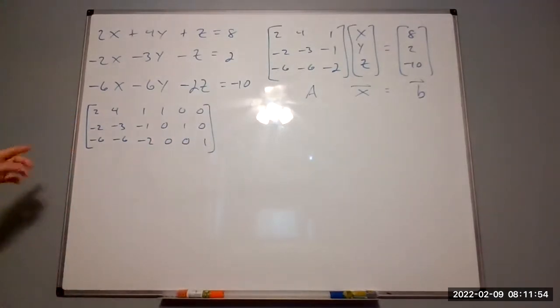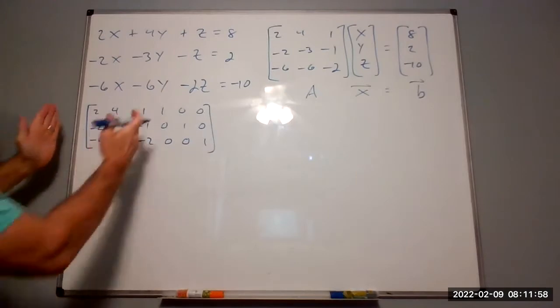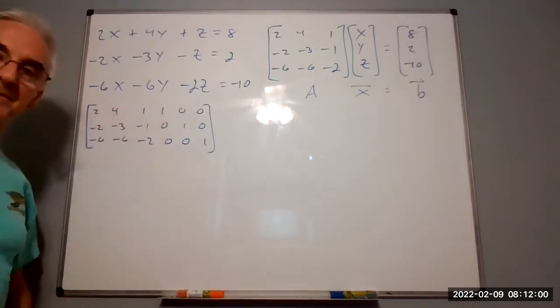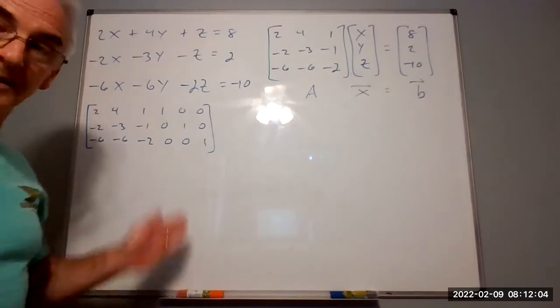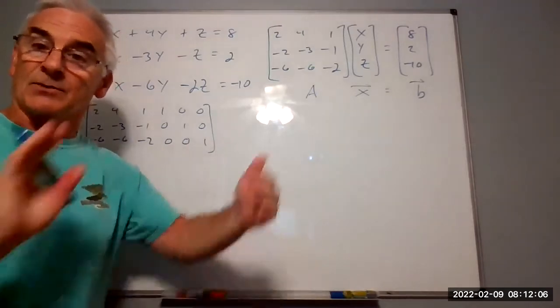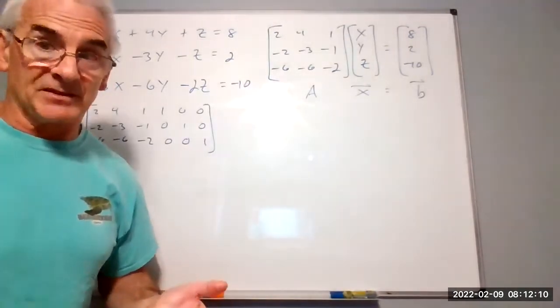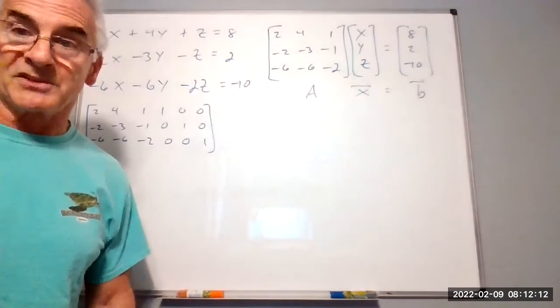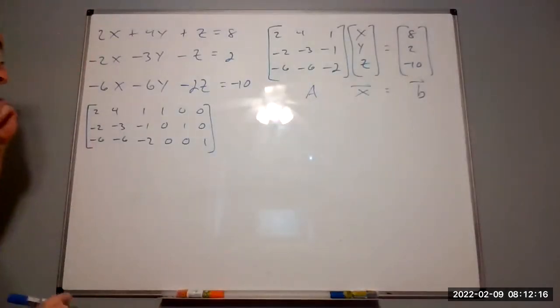Now, the idea is I'm going to do row operations on the entire thing until the left-hand half looks like the identity. Once the left side looks like the identity, as I mentioned last day, the right side will be the inverse. Now, if the inverse does not exist, then this process is impossible. But if the inverse does exist, we will discover it.